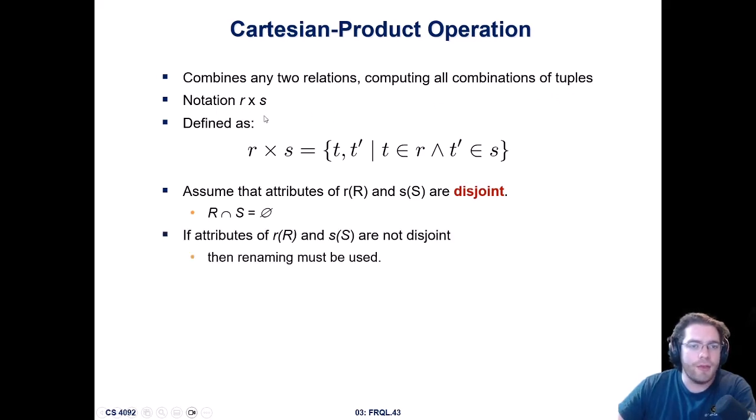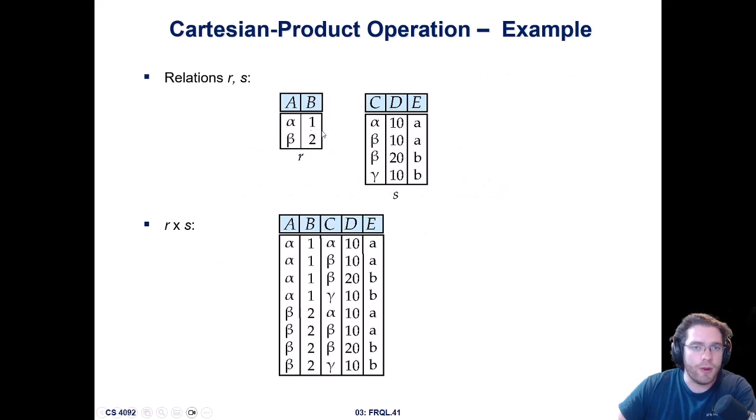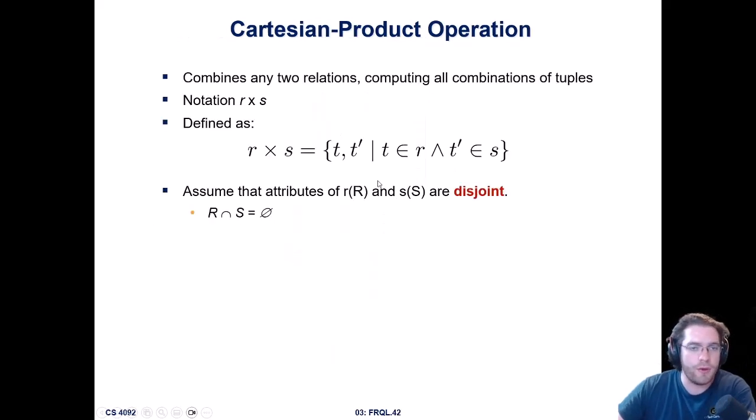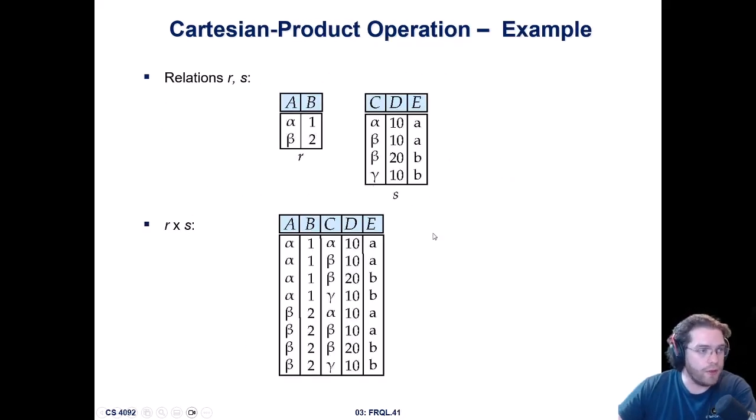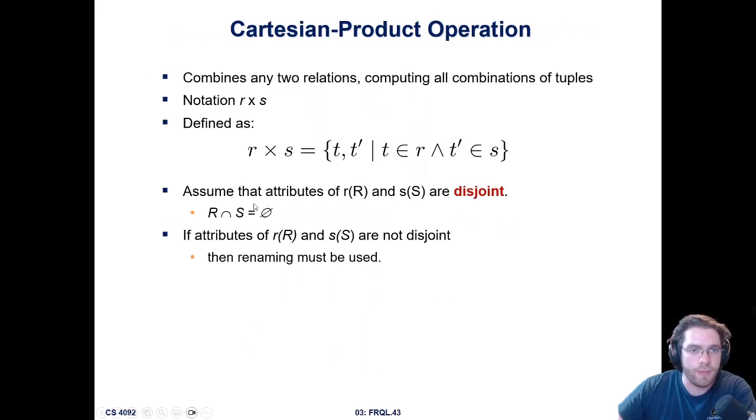The Cartesian product of relation R and relation S is equal to all the tuples such that t is in relation R and the tuple is also in relation S. The definition here might be a little more confusing than what is actually given for us here, but just think of it as all of them being combined as the output. Nothing is different, but you will most likely get a new relation from this Cartesian product.